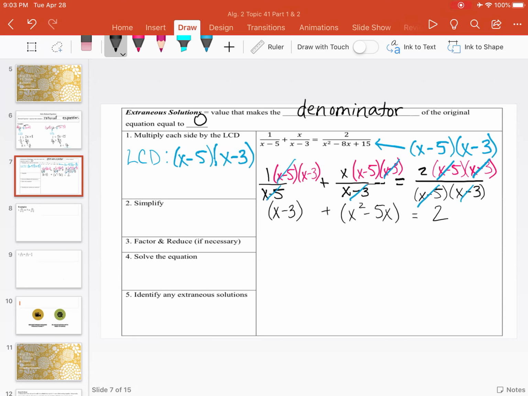So now I'm left with a quadratic equation because my highest power is 2. I'm going to rewrite this in standard form. x squared minus 4x minus 3 equals 0. So what we need to do now is, oops, that equals 2, not 0.